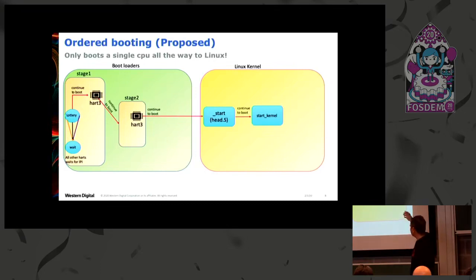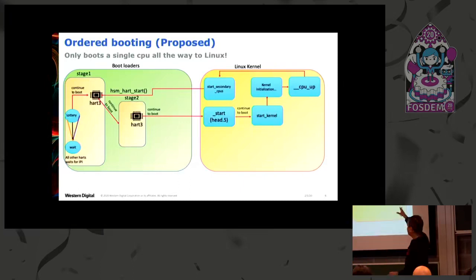Linux does all the initialization. Then it's ready to bring up all the harts, so it makes a call to the firmware or the runtime service provider. The firmware receives that call and sends IPIs to the harts waiting there, and all of them wake up.